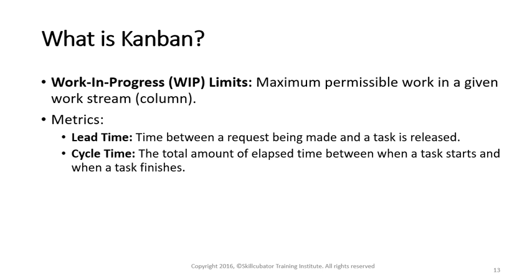Therefore, we can say that the cycle time should start being measured when the work item enters the working column. Only that's the time we need to consider when we are calculating cycle time, not the time when it was waiting for someone to pick it and start working on it.